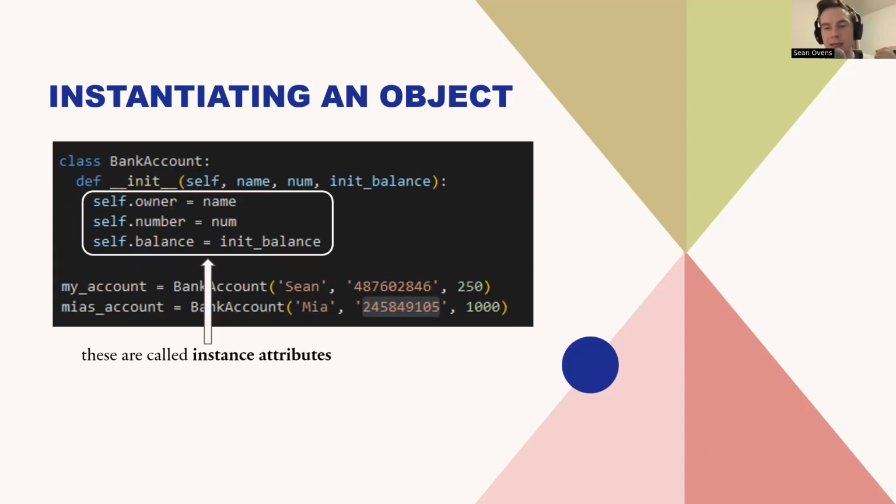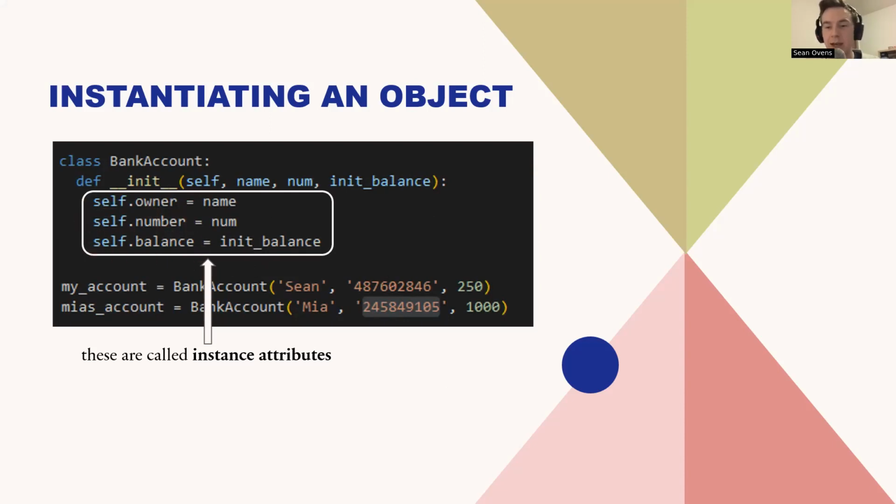Now, in the init method, we need to save all of the given information to our bank account object. So to do this, we initialize what are called instance attributes. Here, these are called self.owner, self.number, and self.balance.